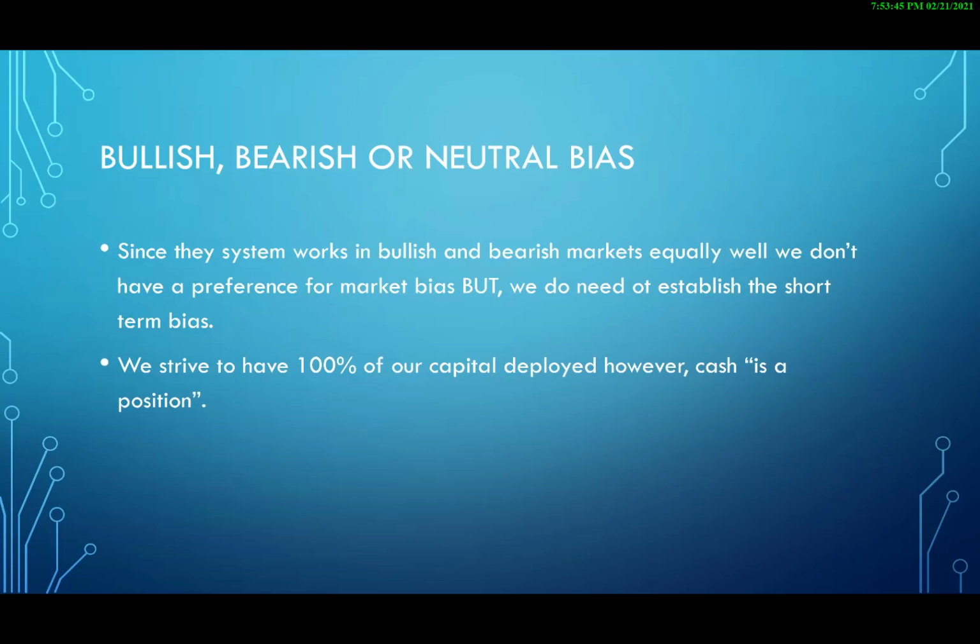In fact, sometimes there's more profit potential to the downside than there is to the upside. But nevertheless, we do need to be able to establish a short-term bias in the marketplace. And so we are looking at this every single day saying, listen, what is the bias of the market? Is it bullish or bearish, or is it neutral?